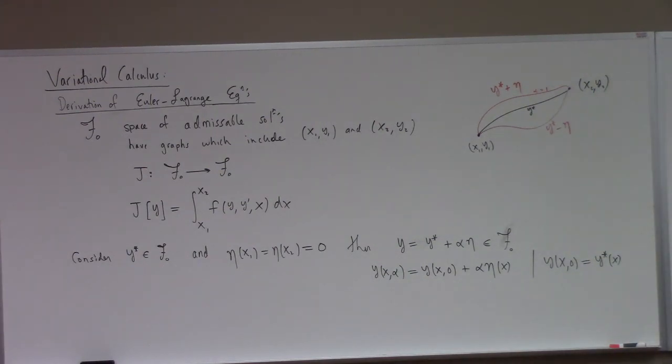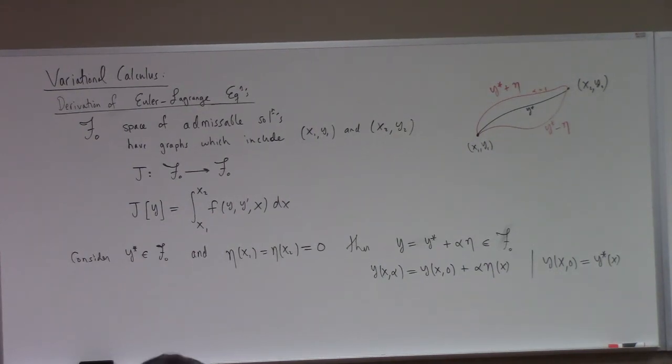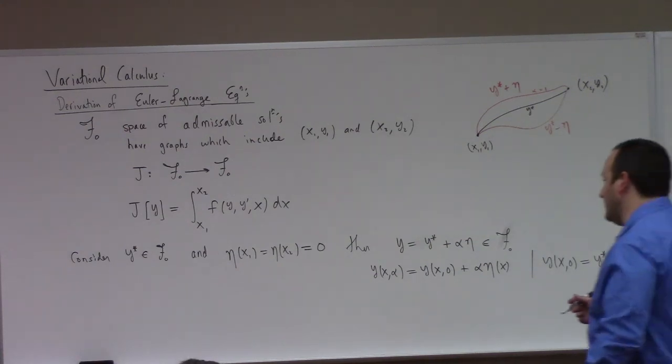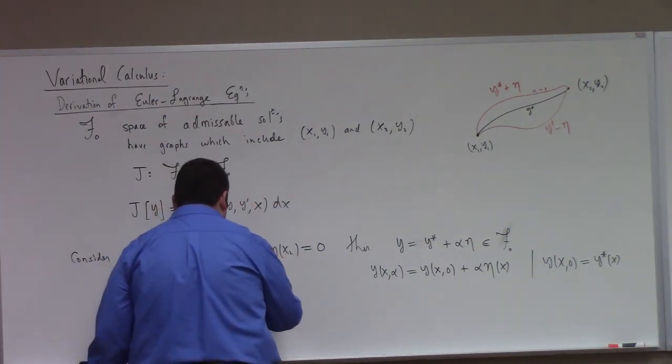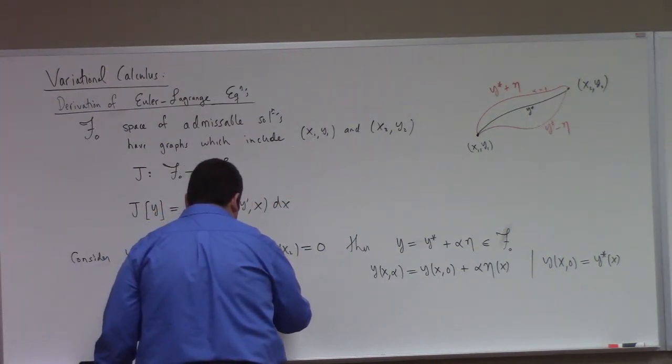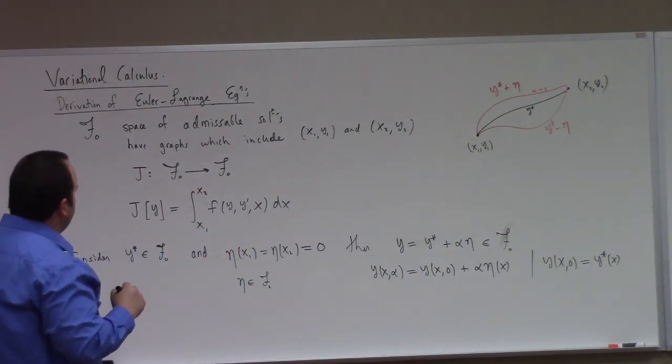So far so good? Do you understand the setup? Is there something I have left out? Alpha is a real variable. Eta has to be an element of F naught? Well, does it?